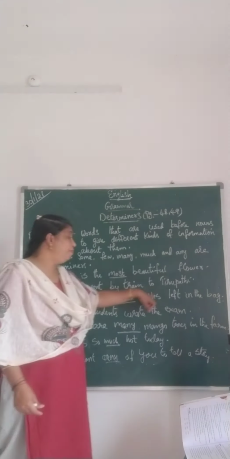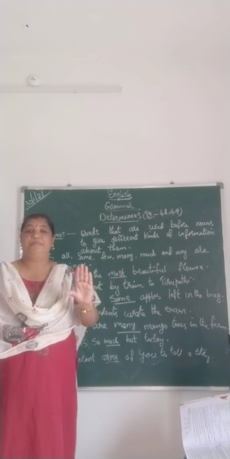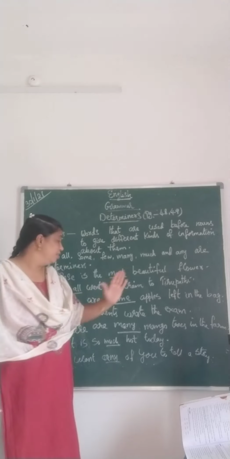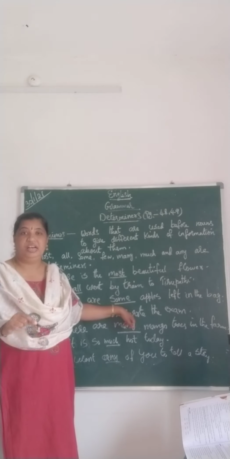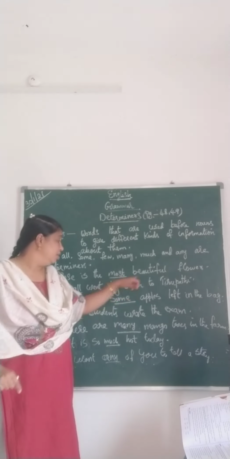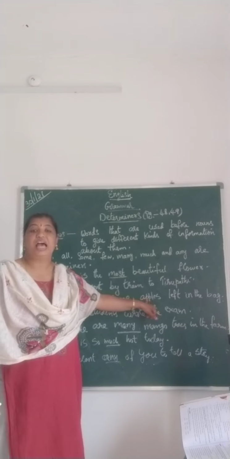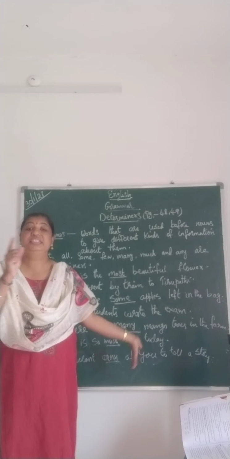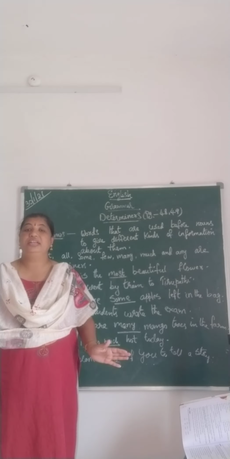There are some apples left in the bag. So here some is a determiner. Why is it a determiner? Here we have the noun apples. Now these apples, how many are there? Is it 1, 2, 3, or can you sit and count 100, 200?